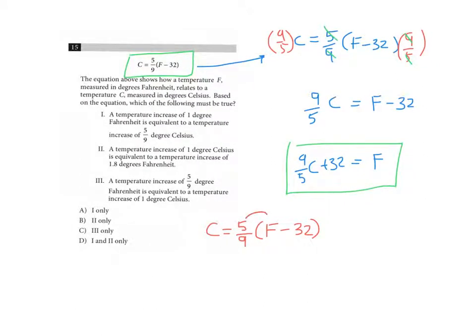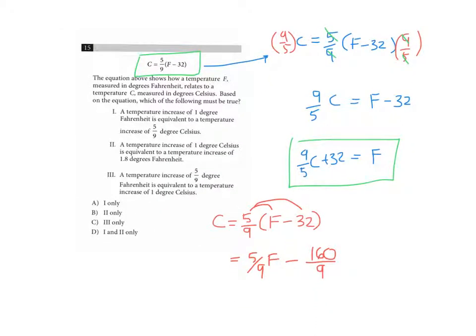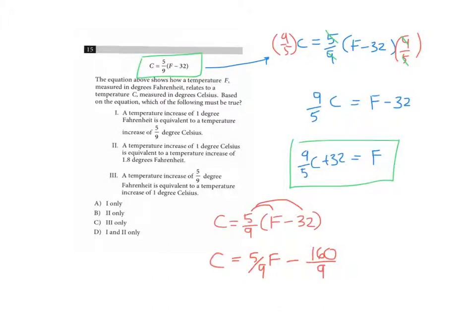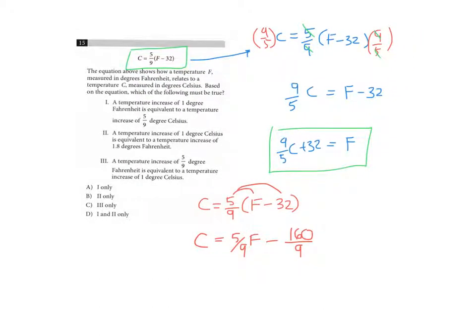If I distribute the 5/9 there and there, it would be 5 over 9 F minus, 32 times 5 is 160, so that's 160 over 9. So basically what they're saying is, what would happen if instead of F, it was F plus 1? That's essentially what they're saying. How would that affect C? Well, let's experiment with it. Imagine we add 5 over 9 times F plus 1, and it would be that.